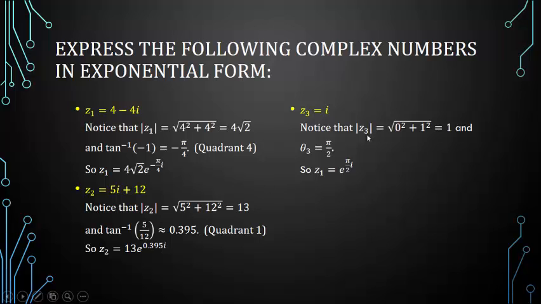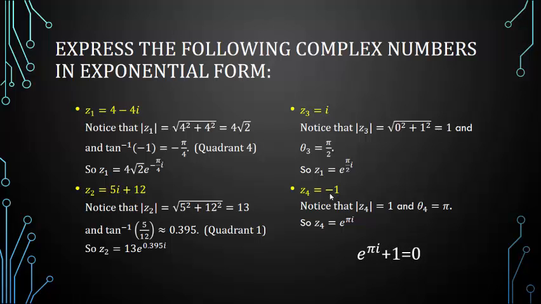I plugged in pi over 2, and the last one, now this one's special, so I plugged in the modulus is 1. So if you have e to something and the 1 is out front, then that means the absolute value is 1. And I plugged in the angle pi. So this says that e to the pi i is equal to -1. And if you haven't seen that before, that's actually a really well-known identity in mathematics, incorrectly called Euler's equation.